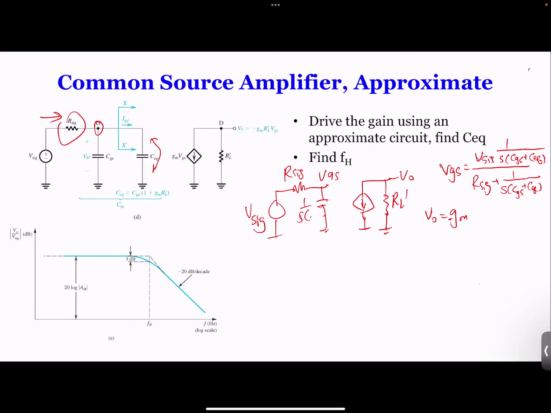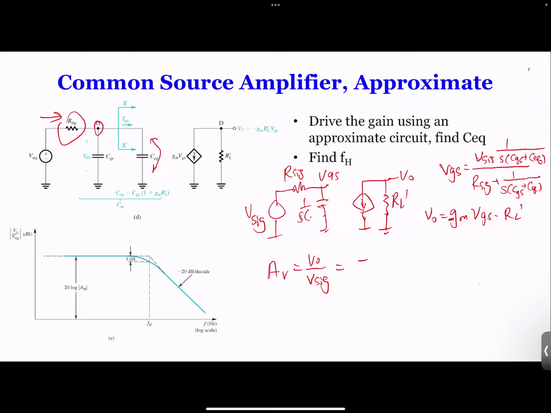And then we have VO equal to minus GM times VGS times RL prime. So now we can calculate the voltage gain is going to be VO over VSIG equal to, so that VSIG cancels.